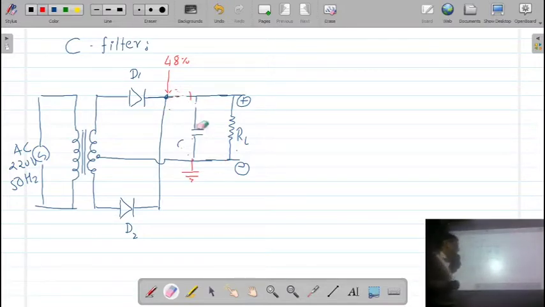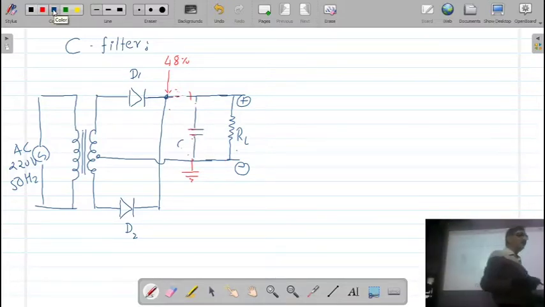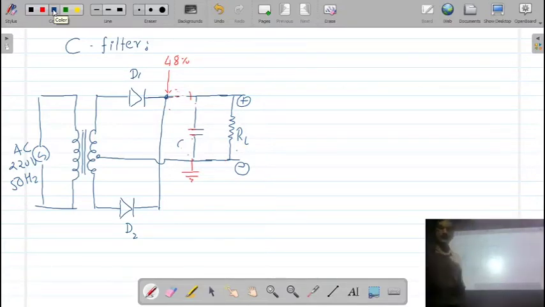So let us see how the rectifier behaves first of all. Now already you know the capacitor has a capacity for charging. When we apply a voltage, then the plate of the capacitor is going to charge.